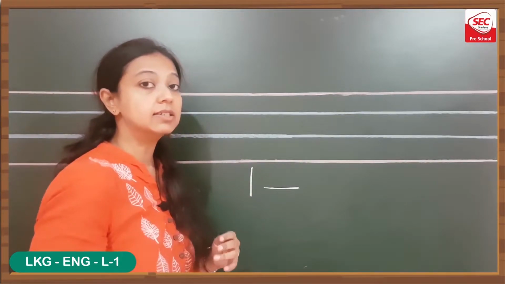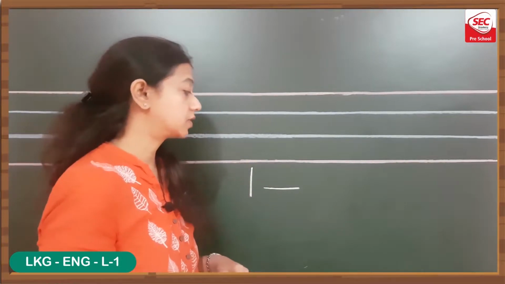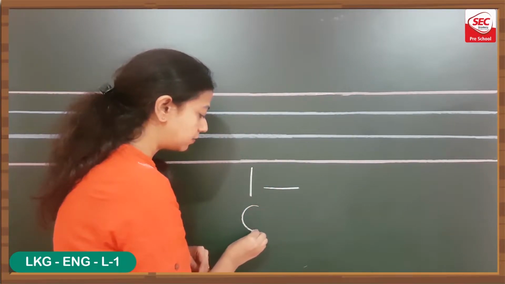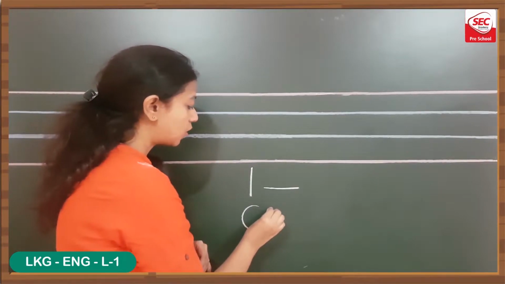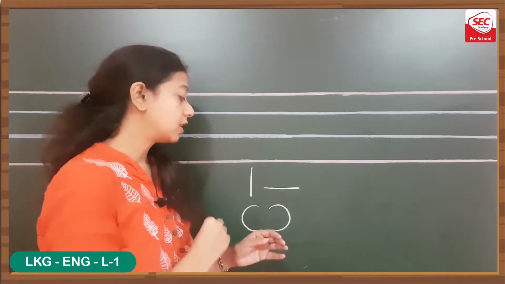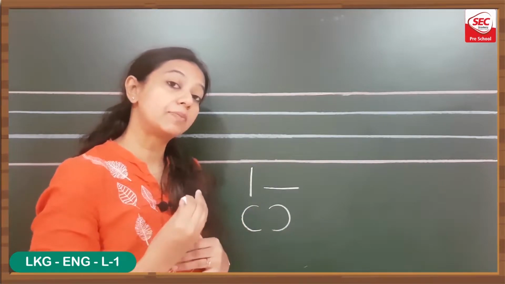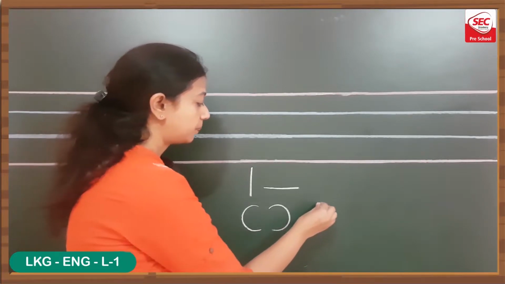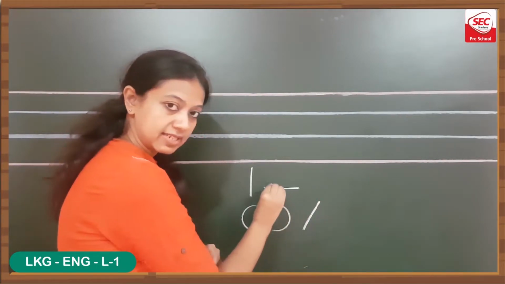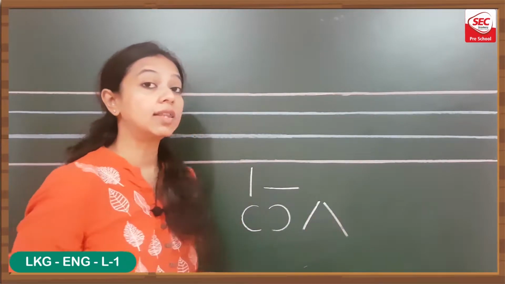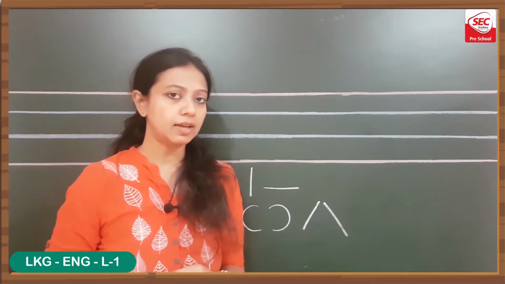Next we had learned 2 types of curves. One is the right curve and the other one is the left curve. Yes, so we had learned about 2 types of curves, and the 4th pattern is the forward slash and the backward slash. We call them, किसी को याद है?